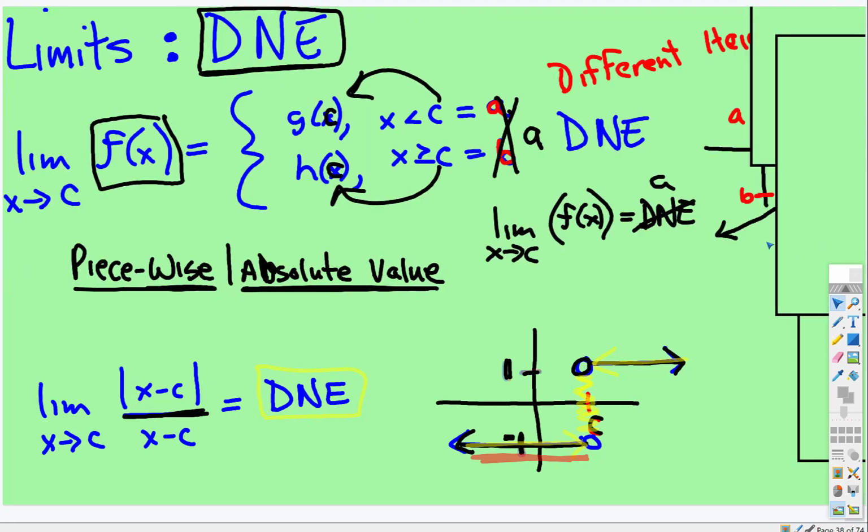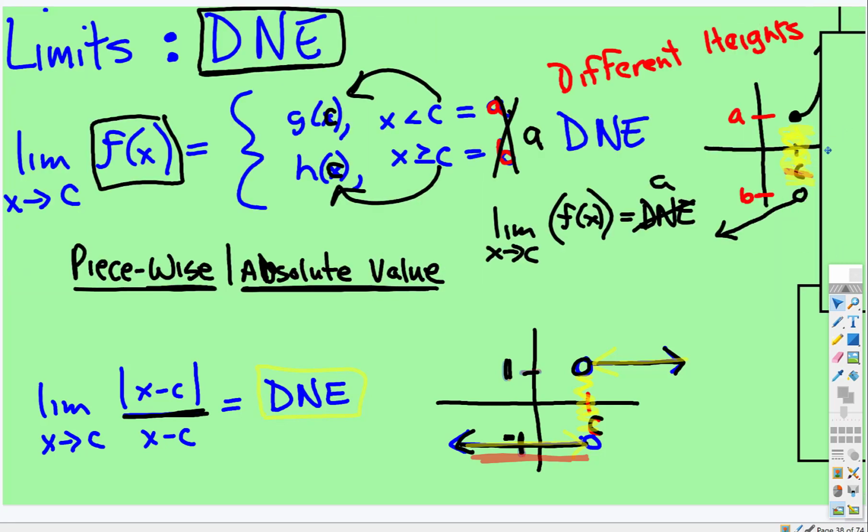If we just want to look on the right side of c, there are heights over here. But when we're not looking at one-sided, when we're just looking at piecewise and absolute value, and on the left and on the right those heights do not agree, you just write D, N, E, does not exist.